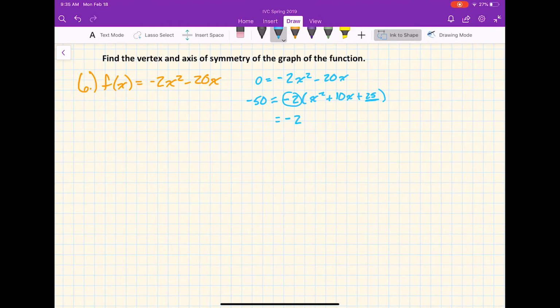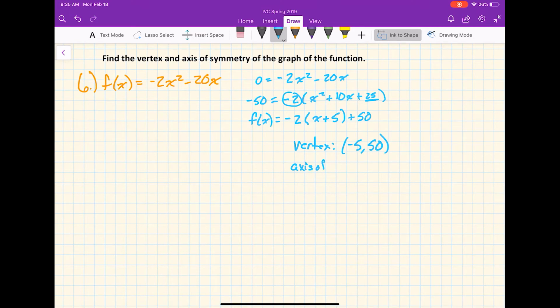Now, of course, this is going to be, whoops, wait a second, negative 2, and this factored down would have been x plus 5 squared. And then moving that negative 50 over is plus 50. And so this is our function of x. And so our vertex is the opposite of what's inside the quantity there. So it's negative 5 and plus 50. So that is our vertex.